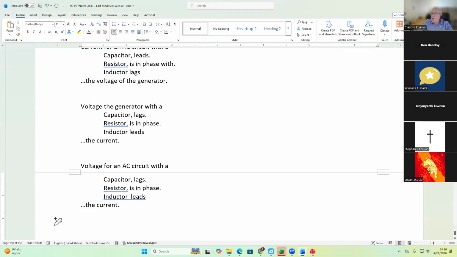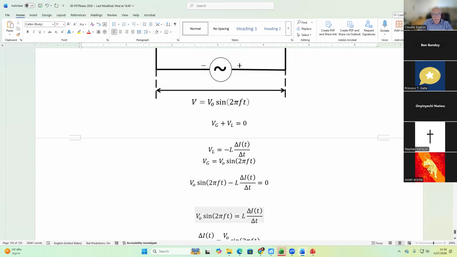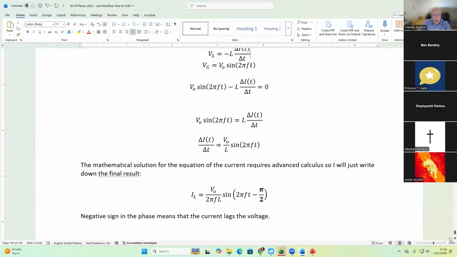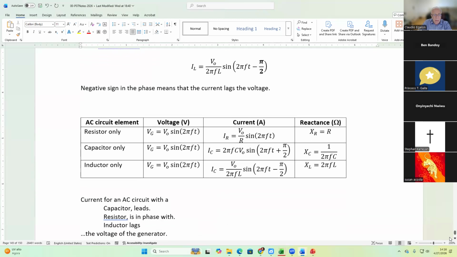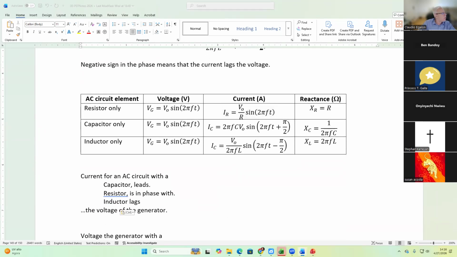Okay, so here you go. I have to rewrite it here. I already rewrote it, right? Let me see if I have it.